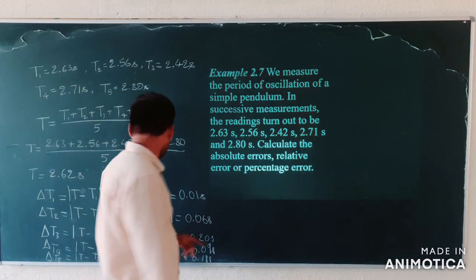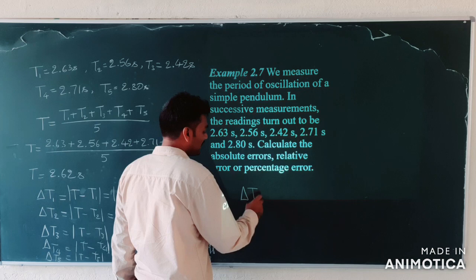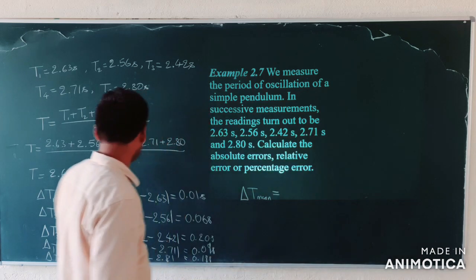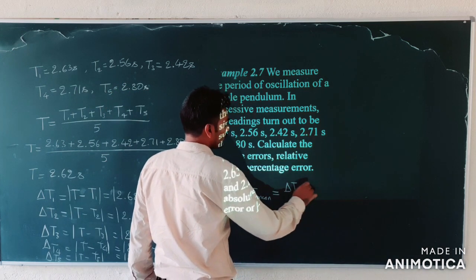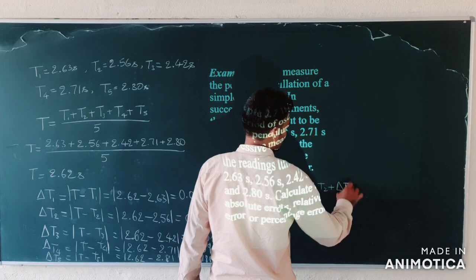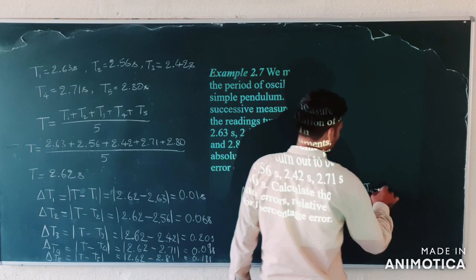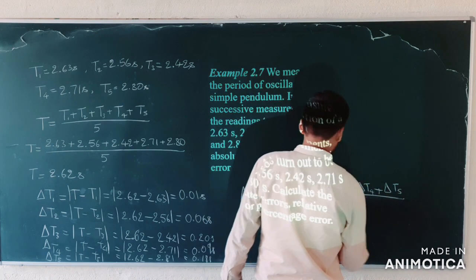So the mean of these errors is taken as delta T mean, which is equal to delta T1 plus delta T2 plus delta T3 plus delta T4 plus delta T5, whole divided by 5.